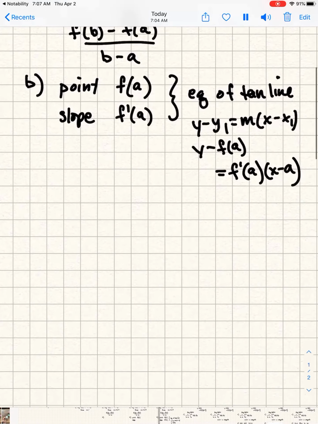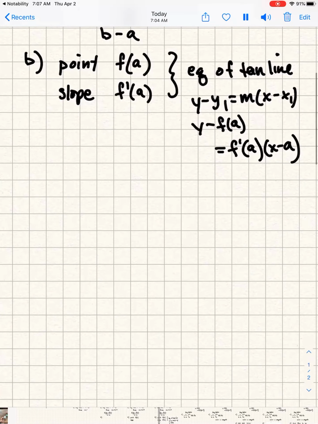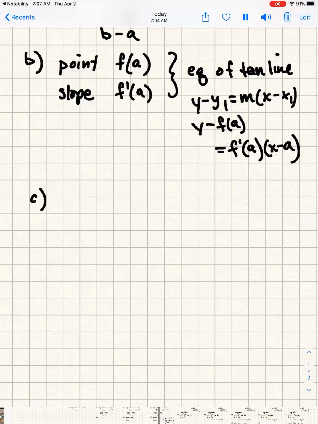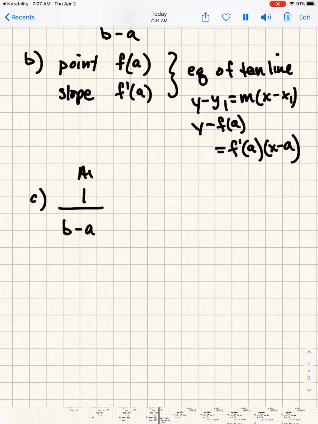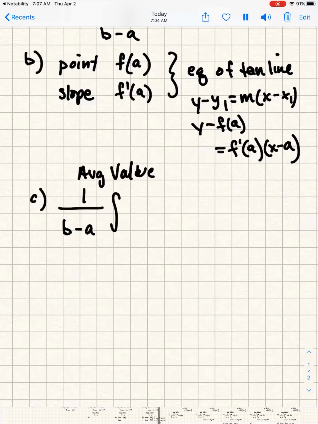Average value, okay, so average value, that's like you're doing 1 over b minus a, and then you're taking the integral from a to b of whatever function we are talking about.